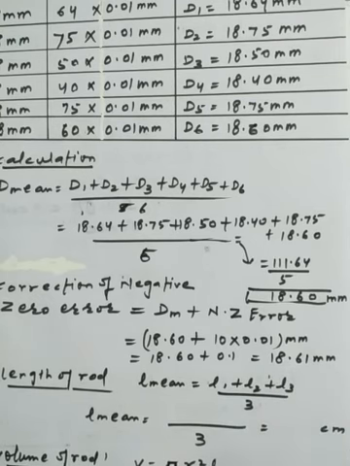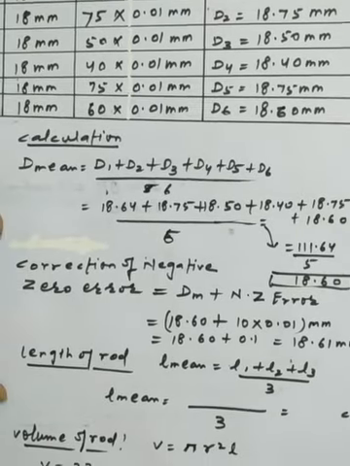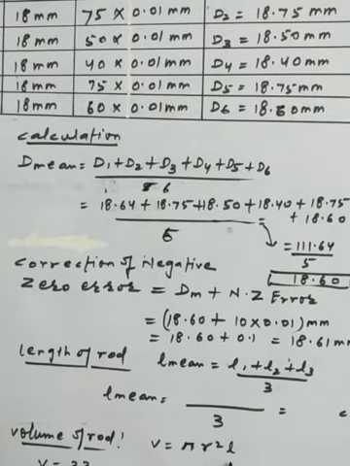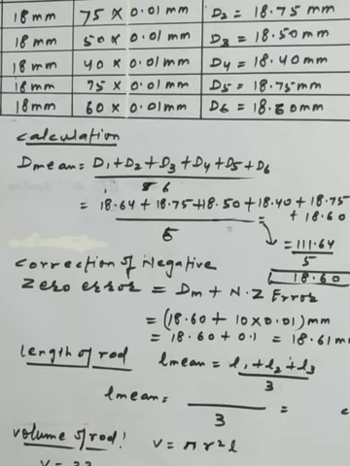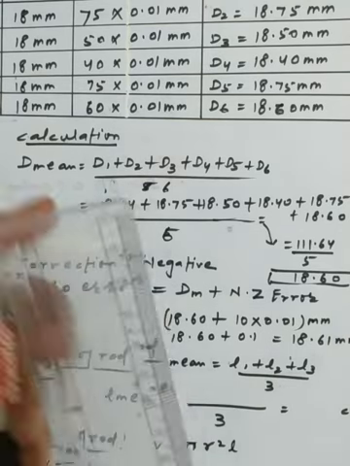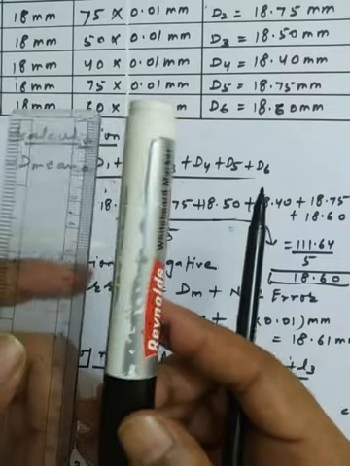Now another thing we require as per the formula is the length of the rod. We will measure this length with the help of a scale. Easily I am measuring the length with this scale. You can use whatever scale you have.